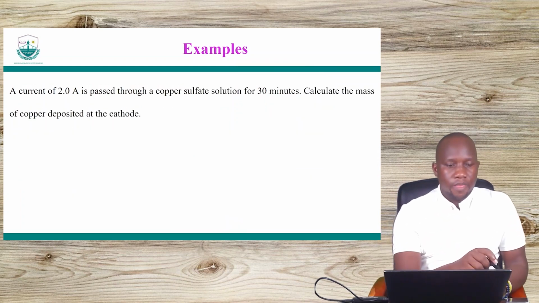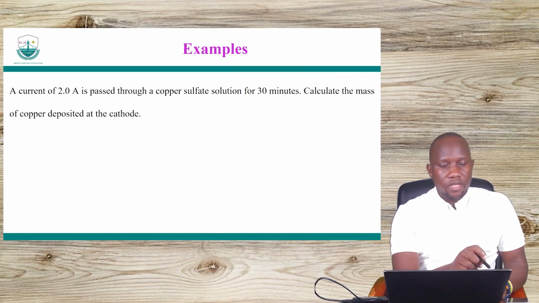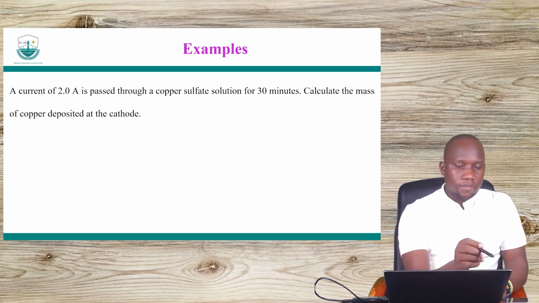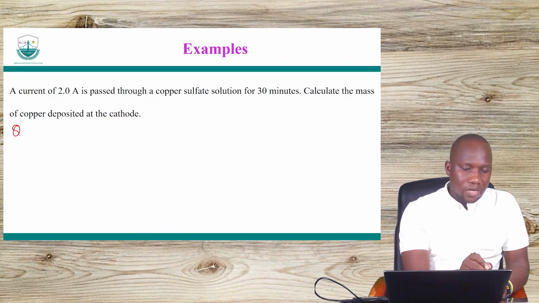So for a question on a current of 2 amperes passed through copper sulfate solution for 30 minutes, calculate the mass of copper deposited at the cathode. So you first calculate the amount of electricity.